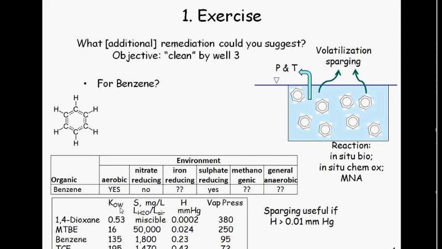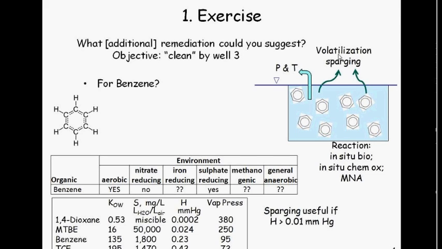We can look at the KOW, and that tells us about sorption. It looks like benzene is sorbed to some extent. It has a KOW, but it's still quite soluble. And so pump and treat would probably work. Maybe not perfectly, but quite well. So pump and treat, I think, would be possible.